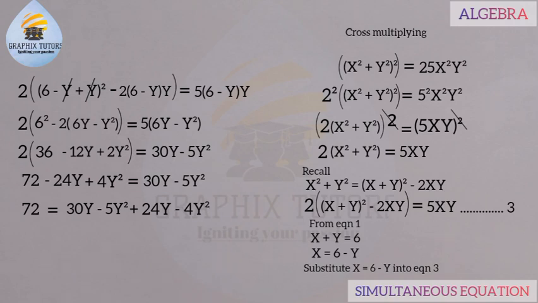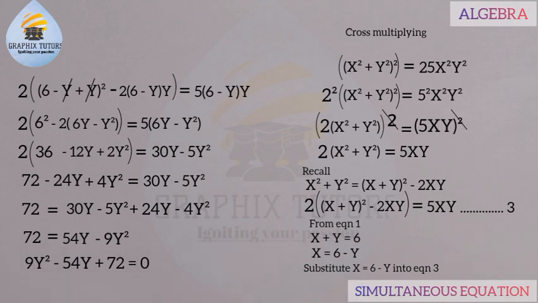Now if you do the needful, 72 will now be equals to 30y plus 24y will give us 54y, minus 5y squared minus 4y squared will give us minus 9y squared. Now when you arrange in the descending power of y, we'll be having 9y squared minus 54y plus 72 equals to 0. I took 54y and minus 9y squared to the left hand side, right? So this is what we're having here.